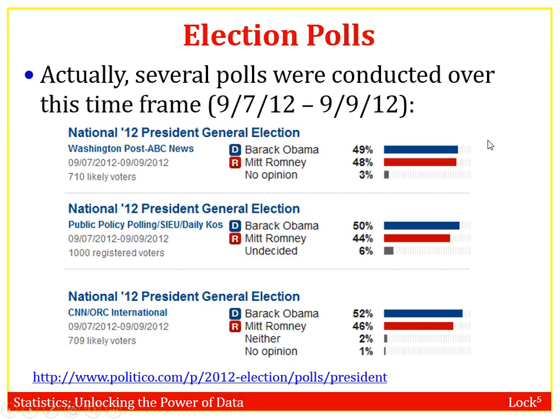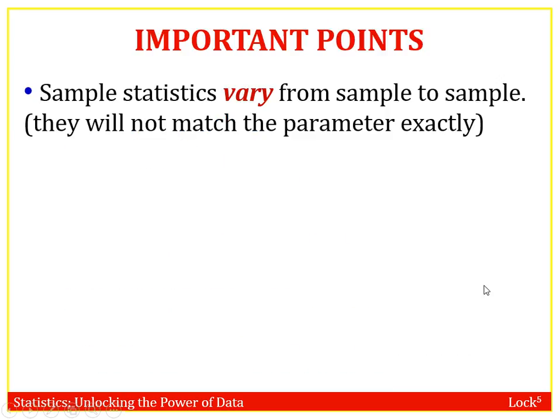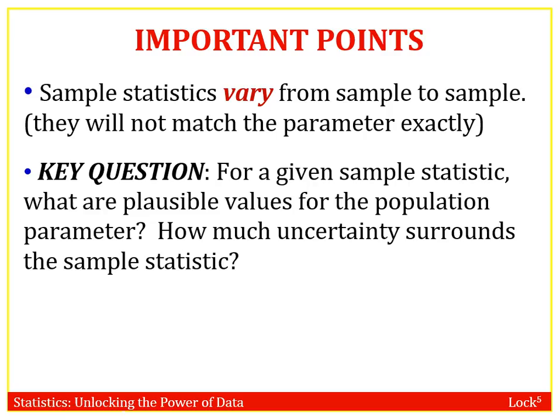If we look at a few other polls of that presidential election, you'll notice that Barack Obama was 49% here, 50% here, 52%, and you'll notice what it is for Mitt Romney. They're all fairly similar, but they're different. So they're giving us an estimate, and these sample statistics will vary from sample to sample and will not match our parameter exactly.